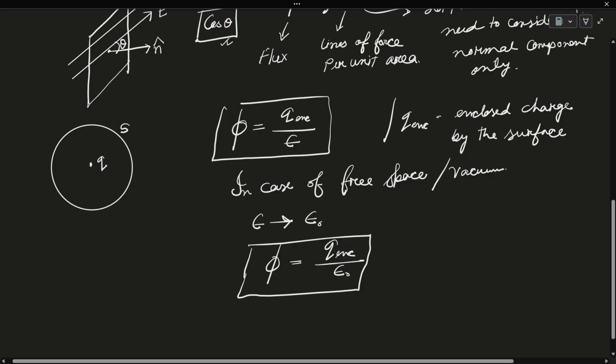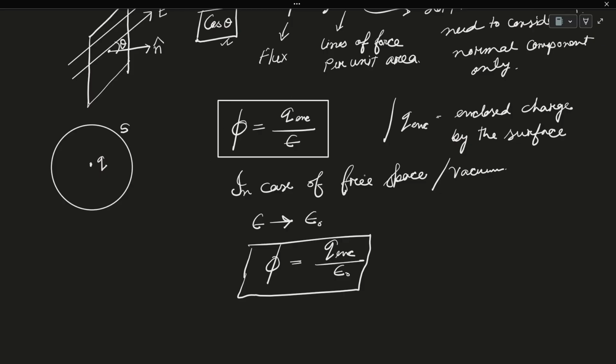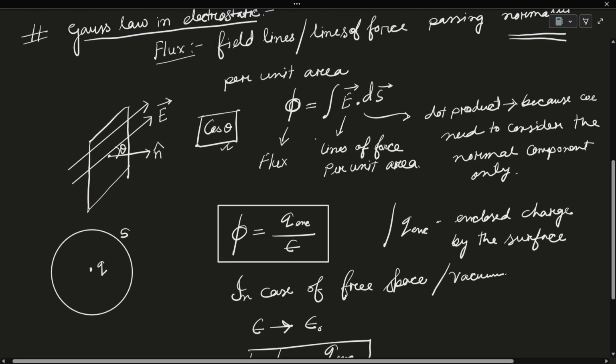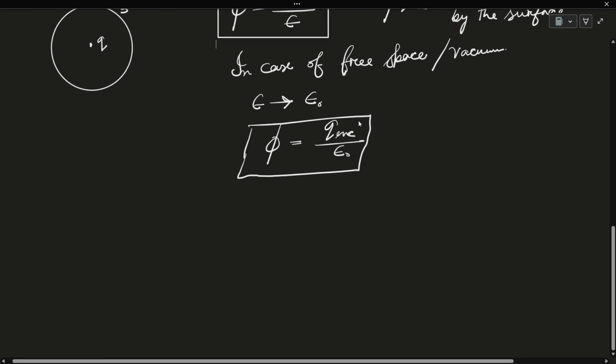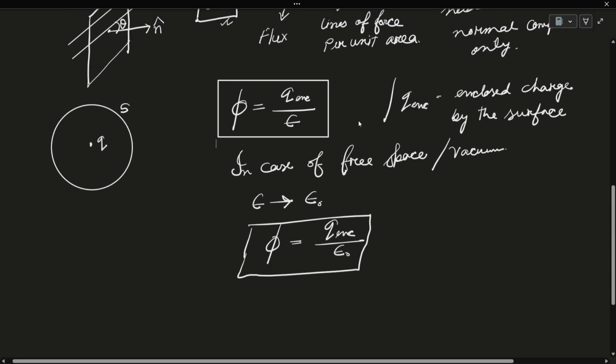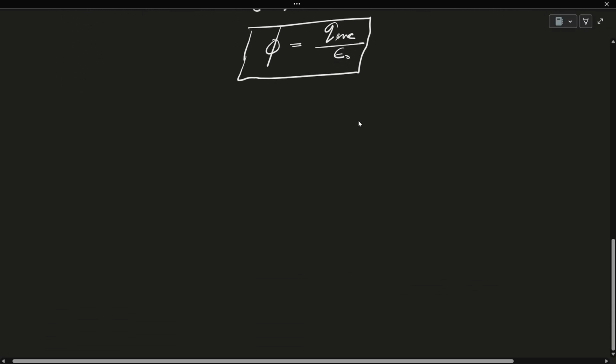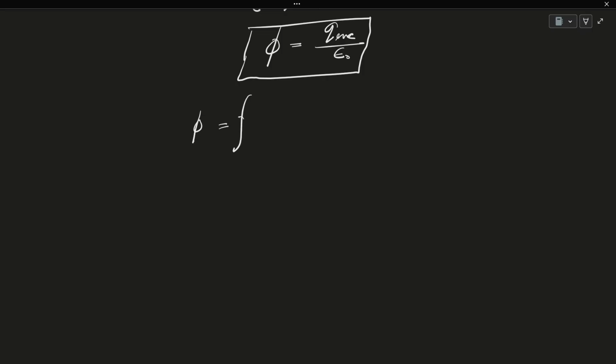And what can we write? As we have seen, phi equals integral of E dot dS. If the surface is a closed surface, I can write phi equals the closed integral of E dot dS, because the surface is enclosing some volume.